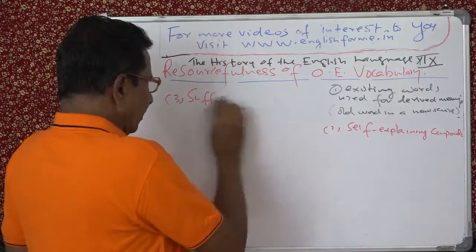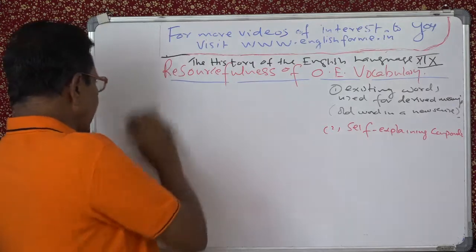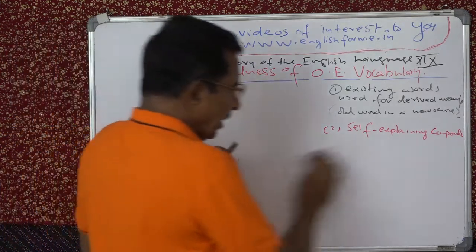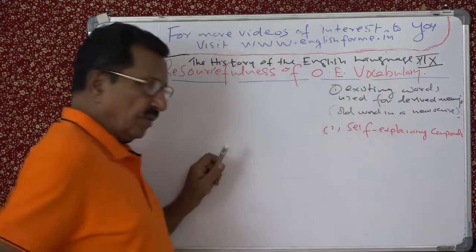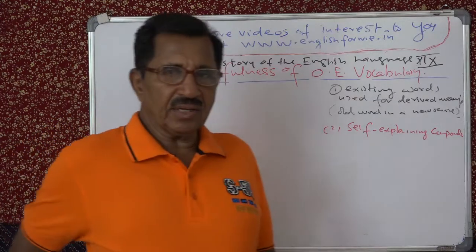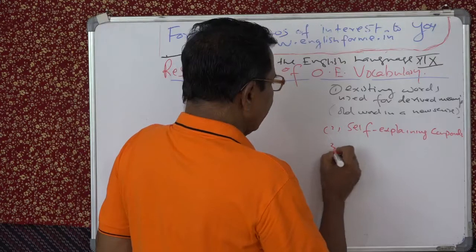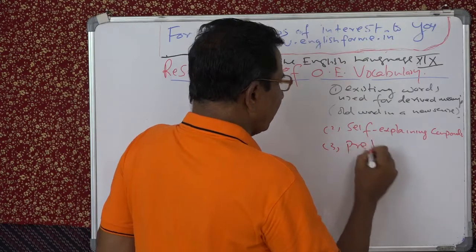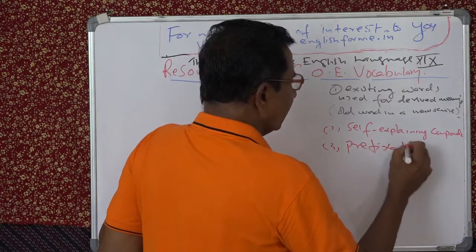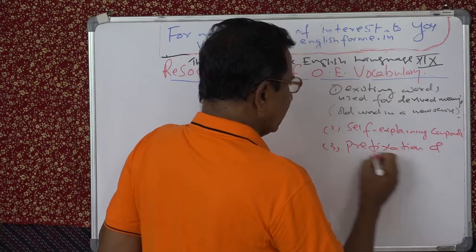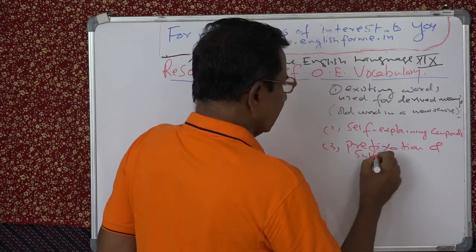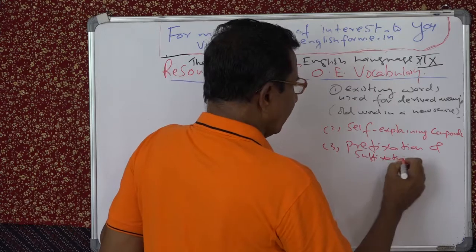We make use of thousands of prefixes and suffixes now. So the third is use of prefix, or prefixation and suffixation. That is the third way of making.